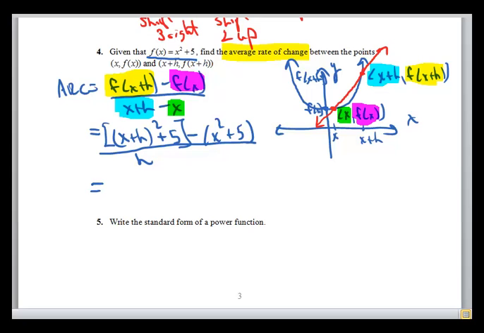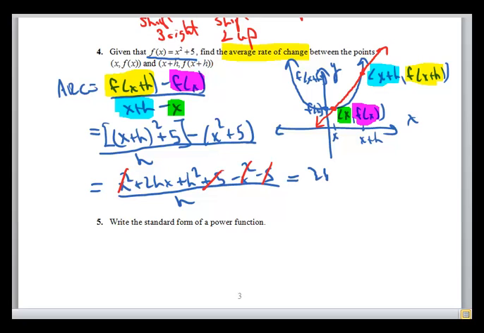So what is this? I have to FOIL that, so it becomes that, and then I distribute a negative sign and get that all over h, and this is going to simplify a little bit because x squared and negative x squared cancel, 5 and negative 5 cancel, so now I'm just going to be left with 2hx plus h squared over h.